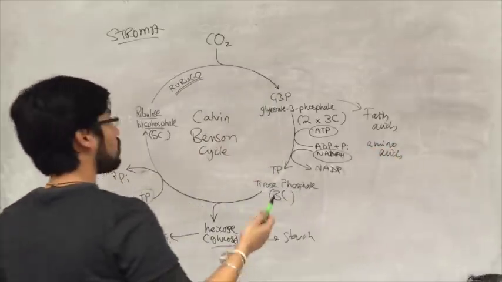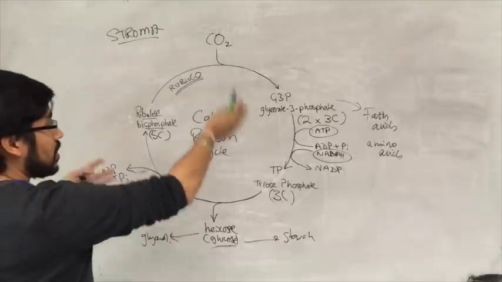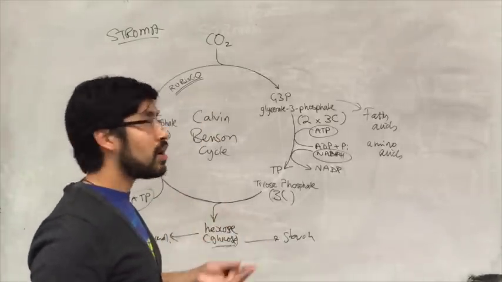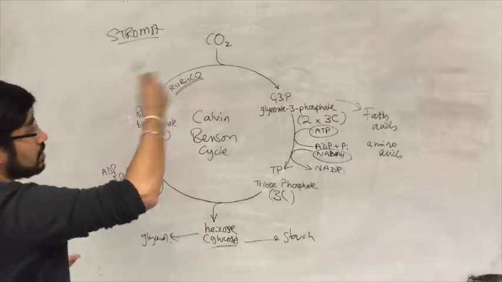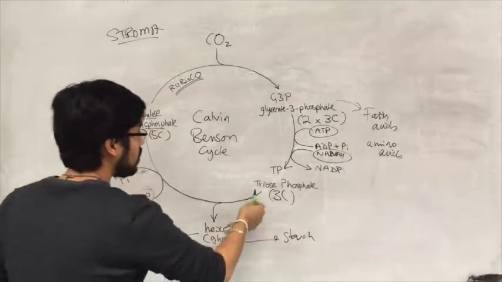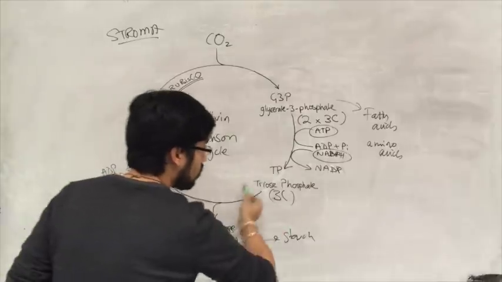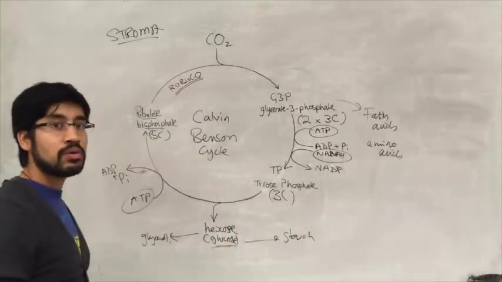So this cycle is essentially the starting point to make so many biological molecules. It's essential that it keeps going. And the way we do that is by regenerating ribulose bisphosphate, not using all of this up to make glucose.